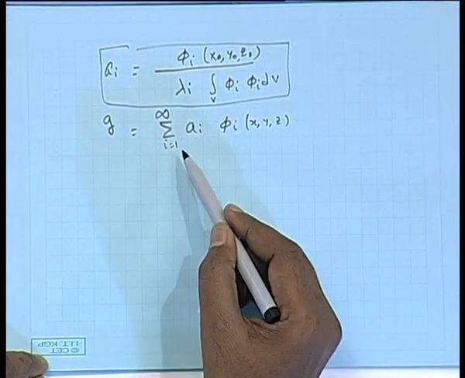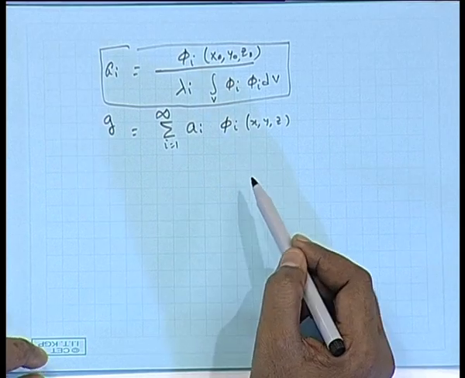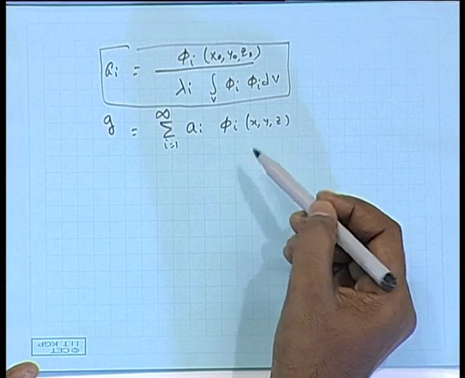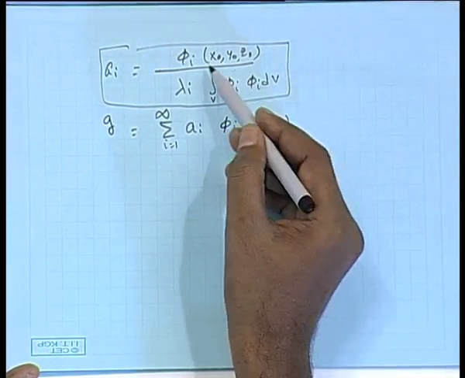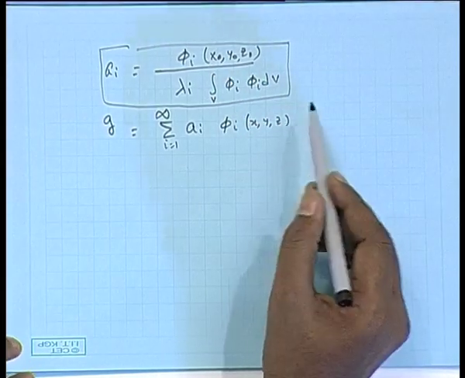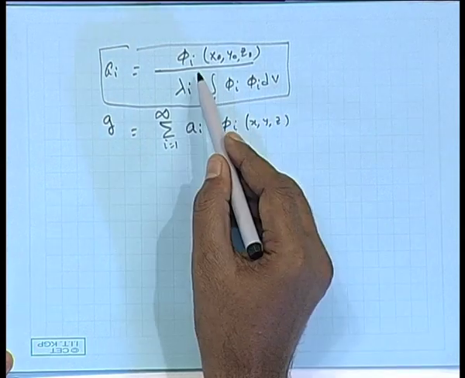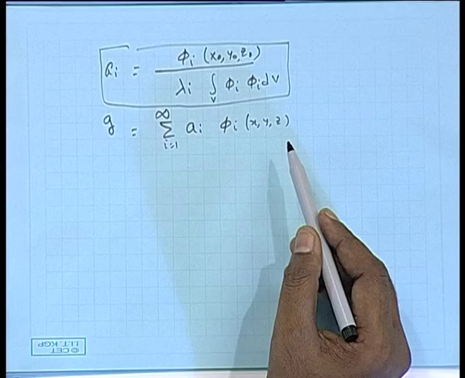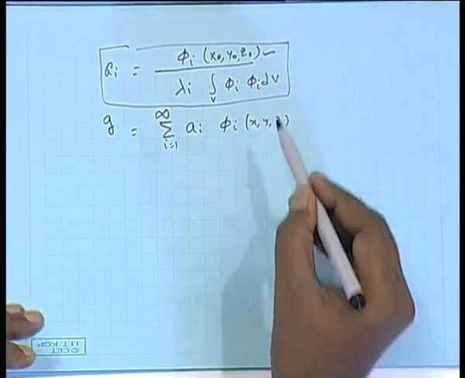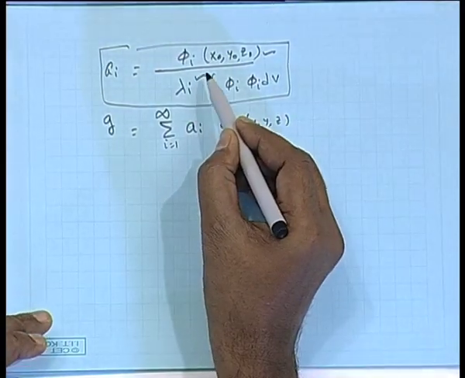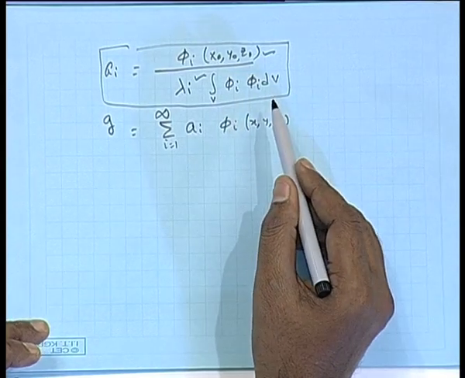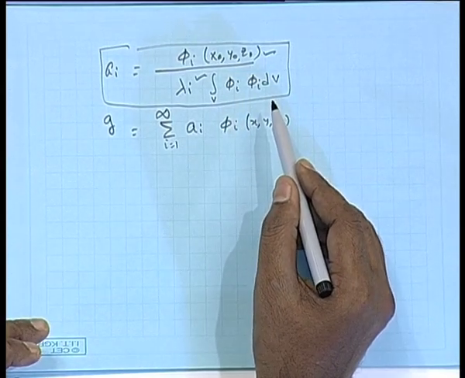And the corresponding constants will be evaluated by using the orthogonal property of these eigenfunctions, and the numerator and denominator can be separately evaluated, and it would be turning out to be a function of eigenfunction and eigenvalue only. This is the eigenfunction, a known one, this is the corresponding eigenvalue, and this is basically an integral which can be evaluated once you know the eigenfunction.